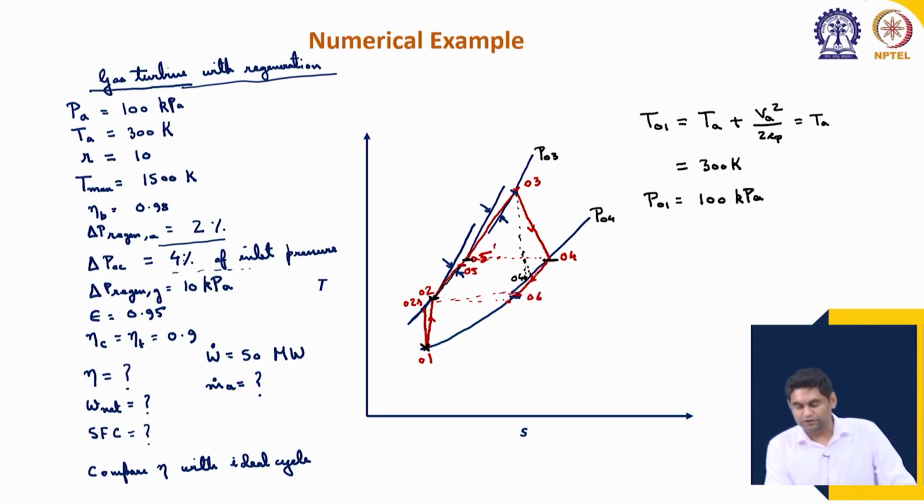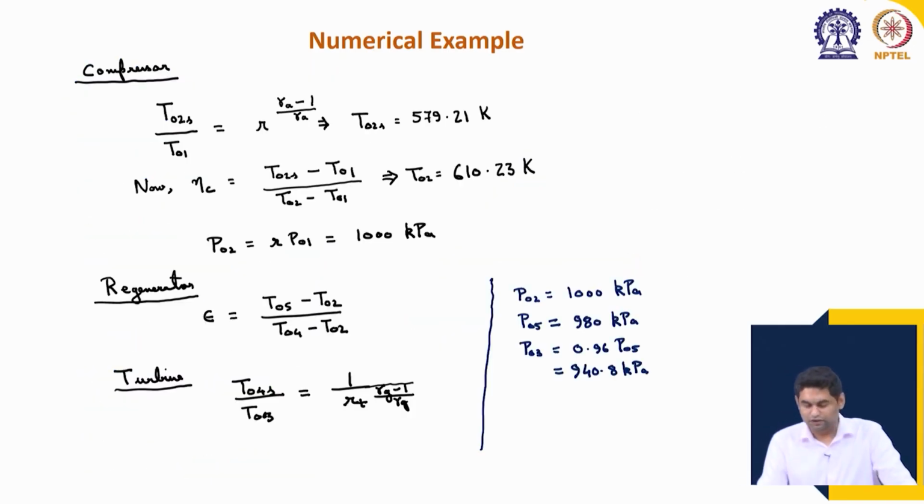Because of losses, the pressure at the inlet of the regenerator has to be slightly higher, which means the turbine outlet pressure P04 needs to be slightly higher than P01, and that difference is equal to the losses in the regenerator.